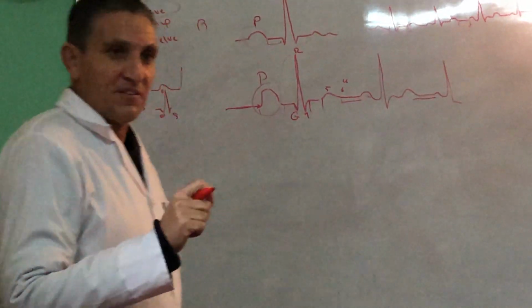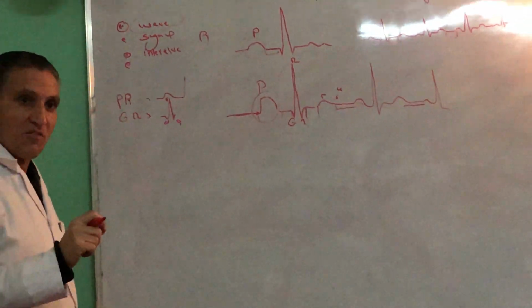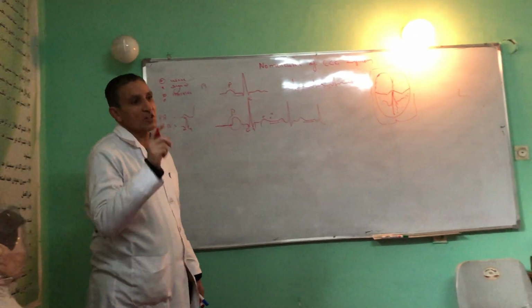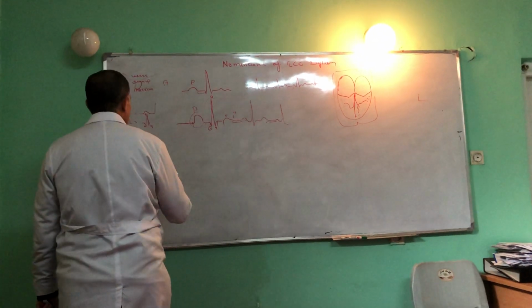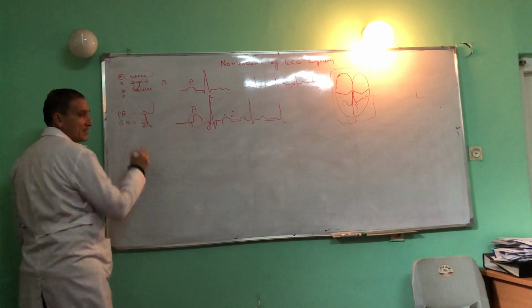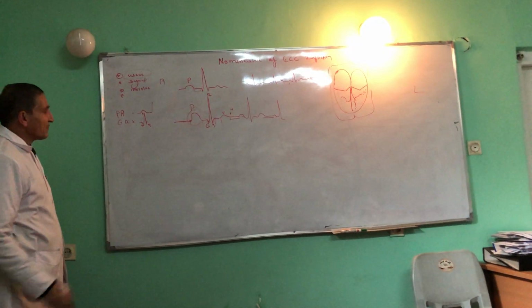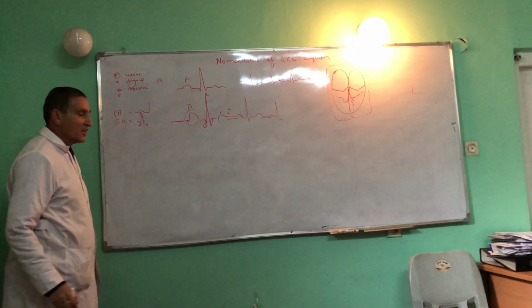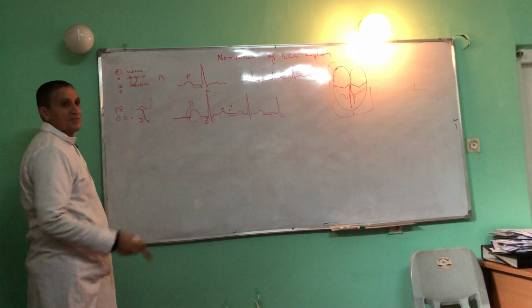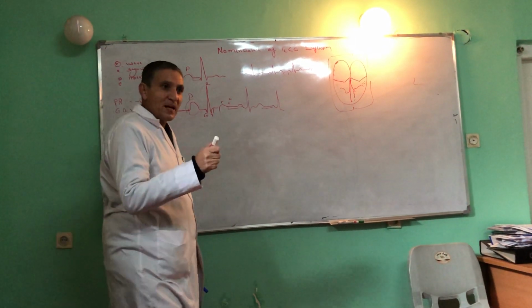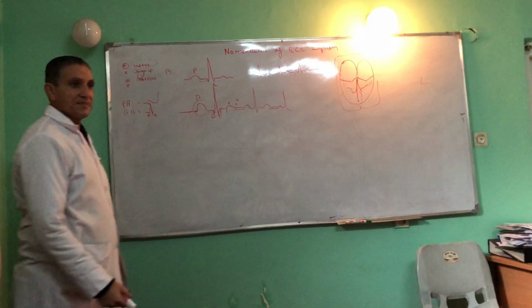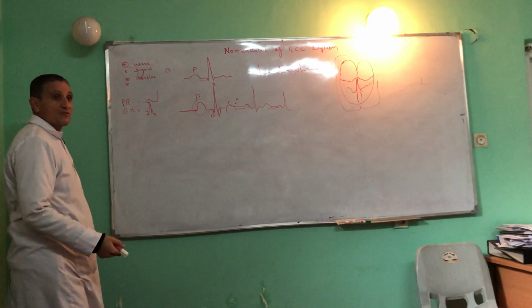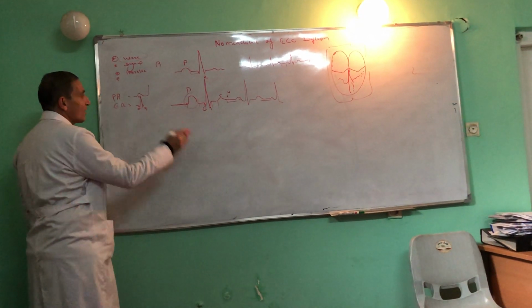A combination of segments, or a combination of more than one wave together, is also called an interval. For example, the PR interval is a combination of wave and one segment. But in the QRS complex we have three waves. So a combination of wave plus segment, or a combination of more than one wave together, is also called an interval.